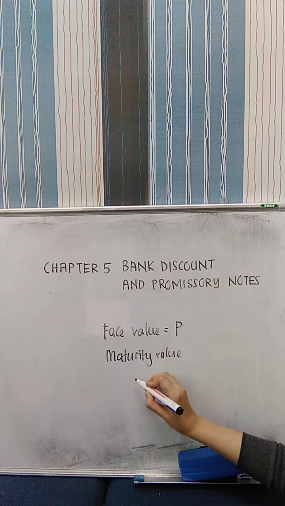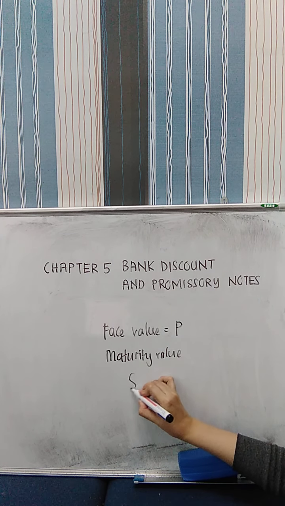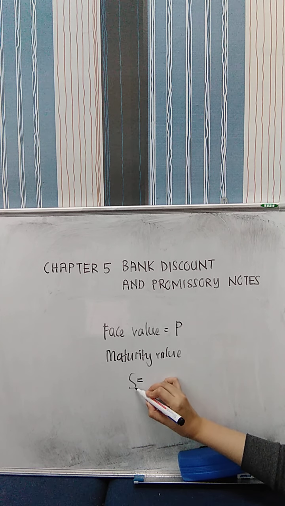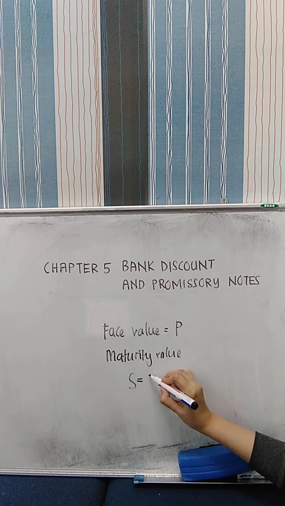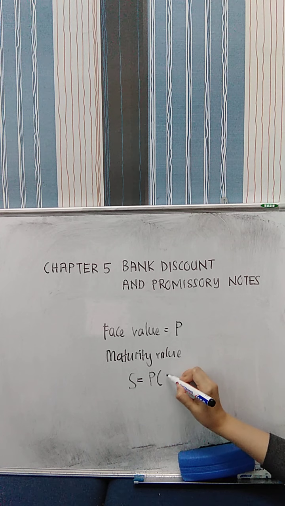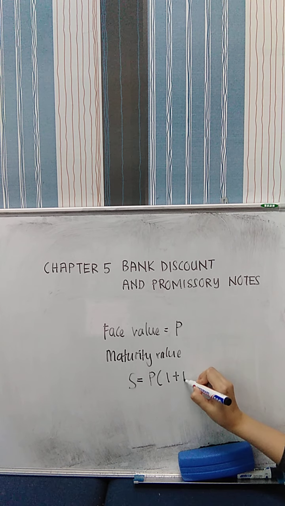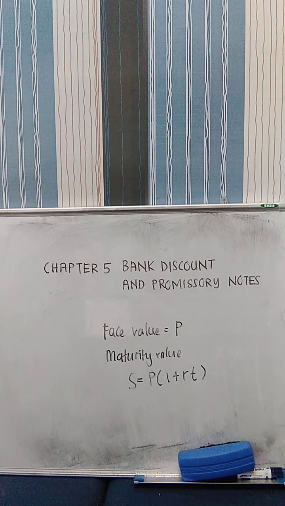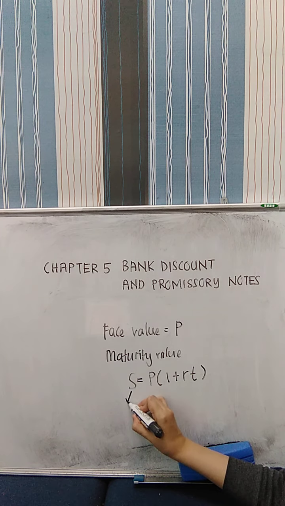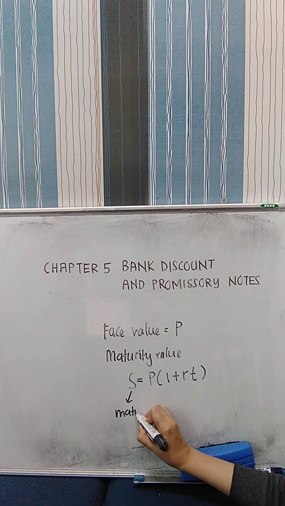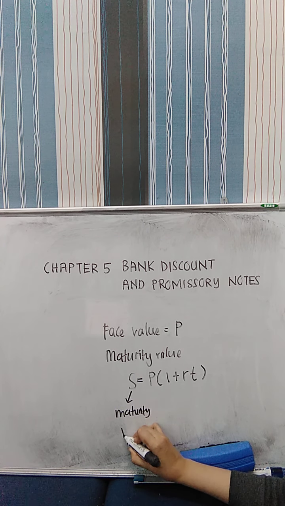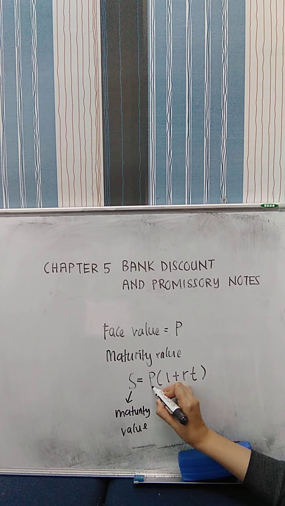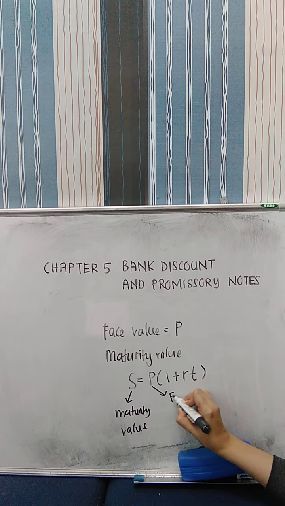For maturity value, we use the formula S = P(1 + RT). S is the maturity value. P is the face value.